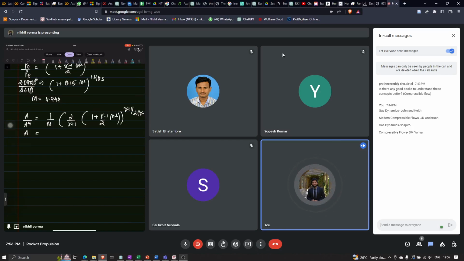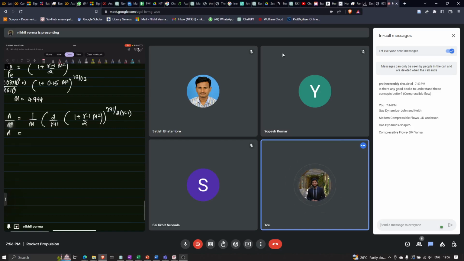So this is 1 plus 0.15 into M square, into 2 divided by 2.3, to the power 2.3 divided by 0.6.